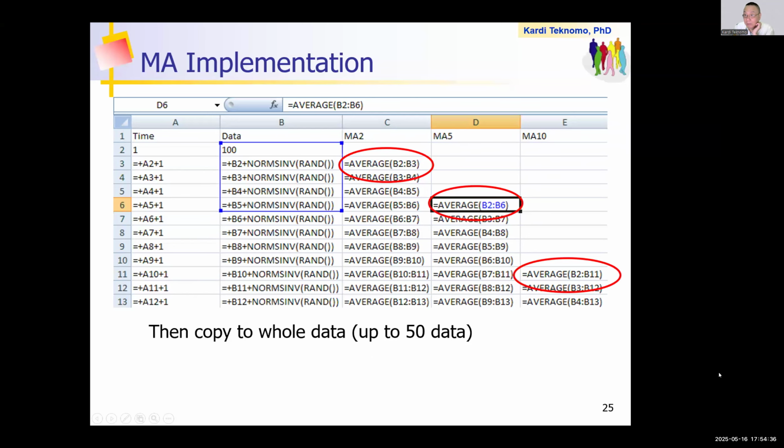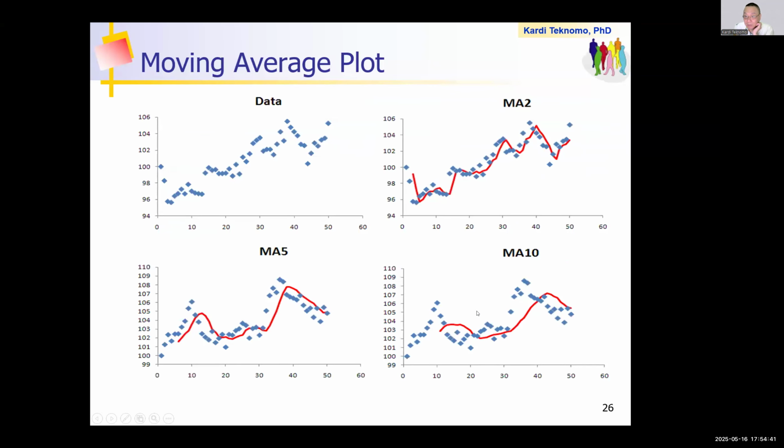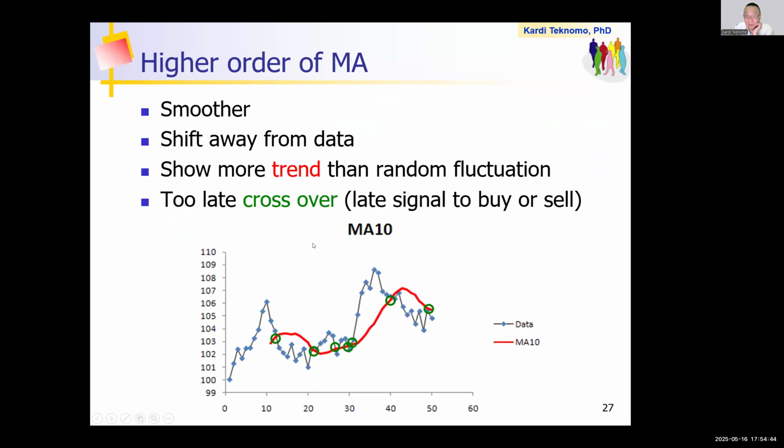In the slide there, you create this one. So if you plot, you will get this value. The higher order MA, the number here, the smoother you will get. The way we do it in the stock market is we find the crossing between the MA and this price data.